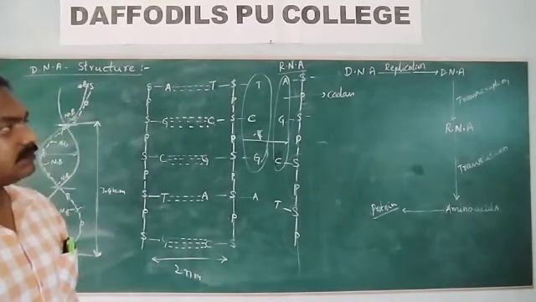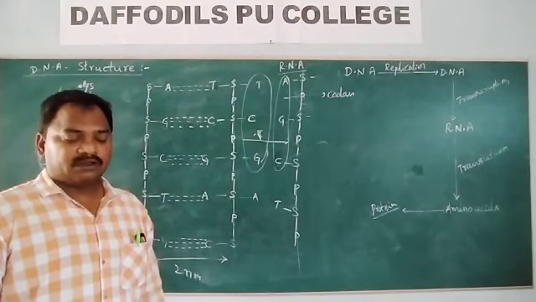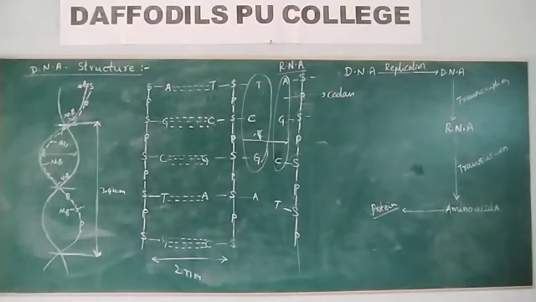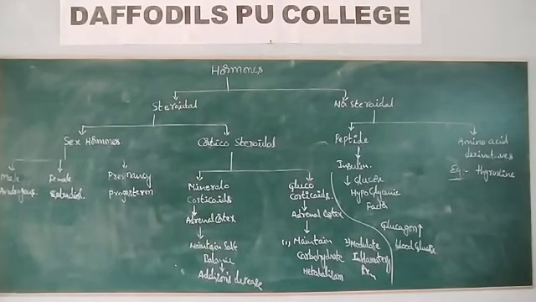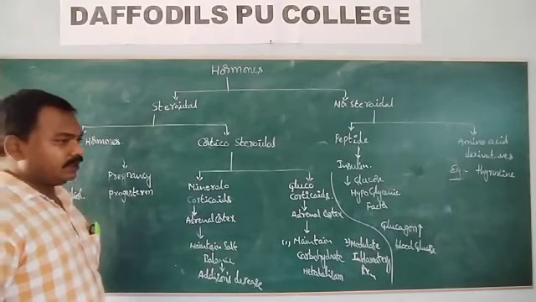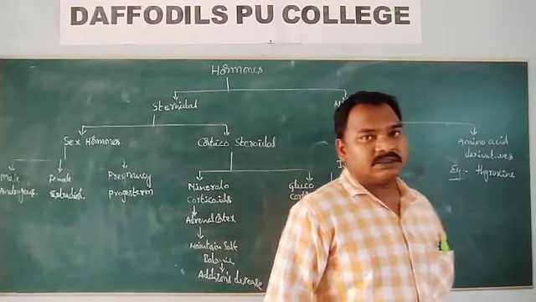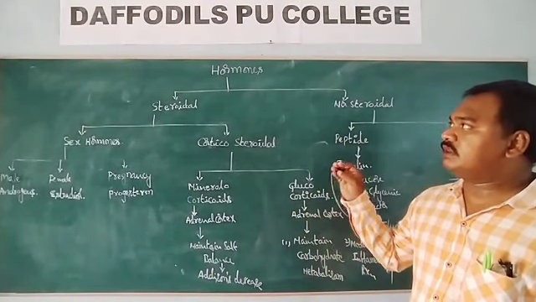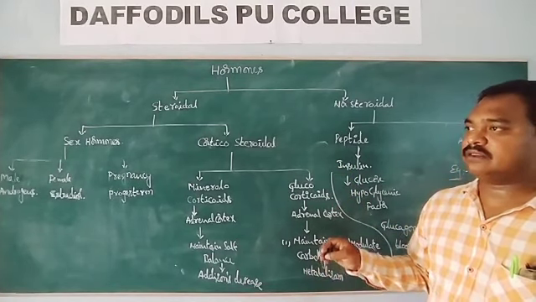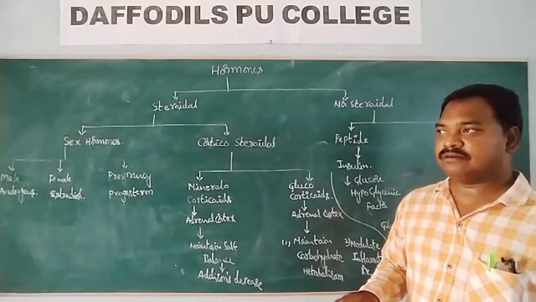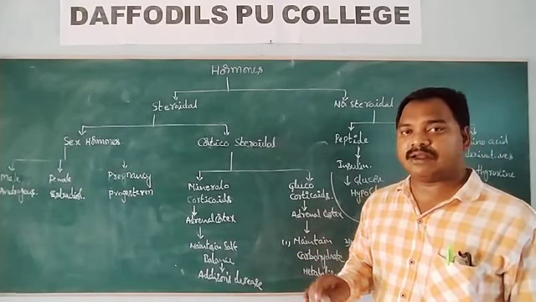Next topic is different types of hormones. These hormones are cell messengers, cellular messengers. They are secreted by some tissues present in our body. The glands are known as endocrine glands or ductless glands.